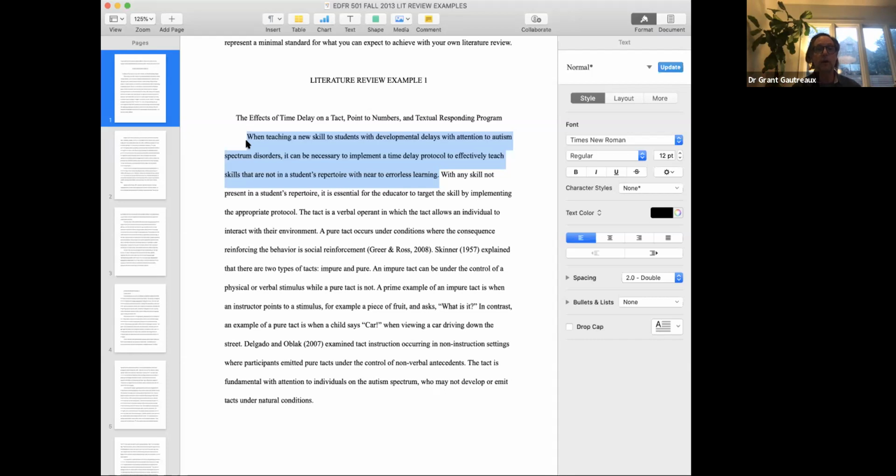I mean, if we're talking about all skills that a person with autism needs to learn has to be done under a time delay procedure, like errorless learning, okay, that's a problem, right? So maybe start off by saying, to teach skills, an individual may not always respond to common instructional practices, right?